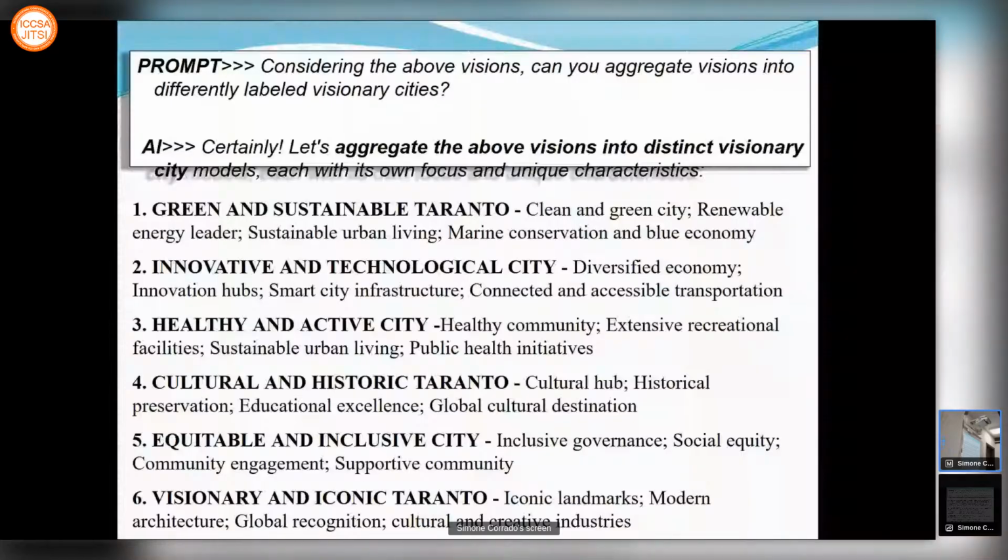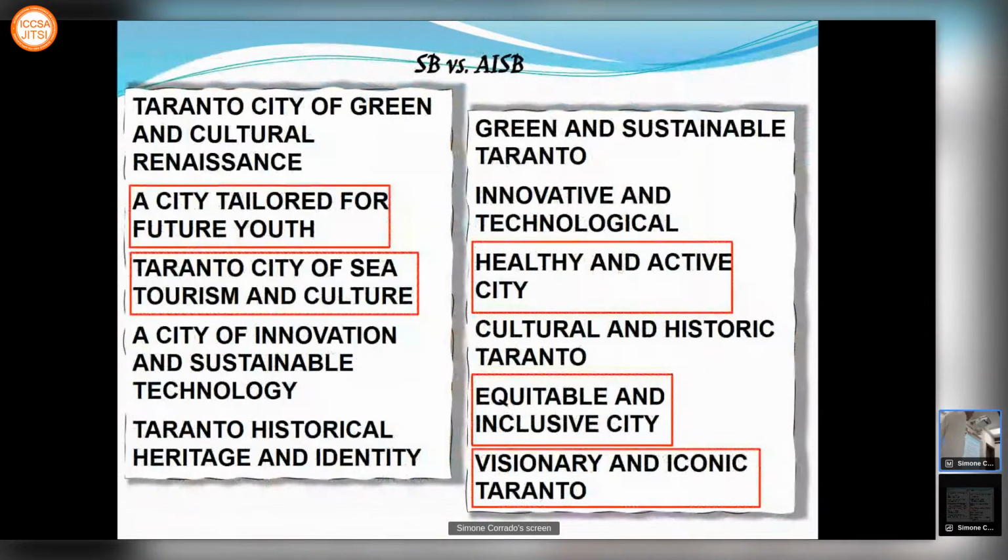Can you aggregate them? Yes, let's aggregate them into visions. These are the visions. We basically made the same process that we usually make by building scenarios with people: the traditional scenario building versus AI scenario building.